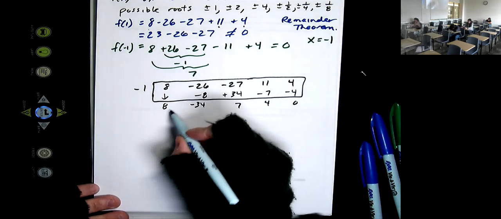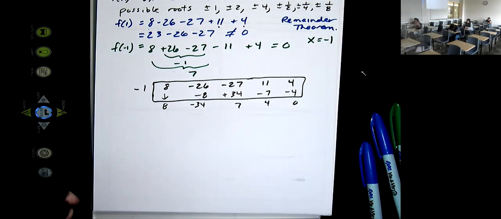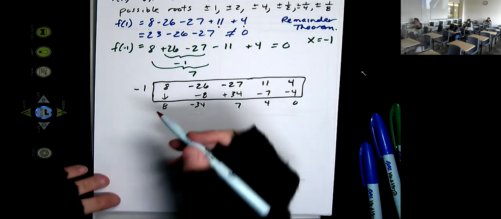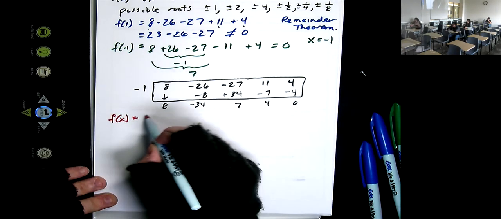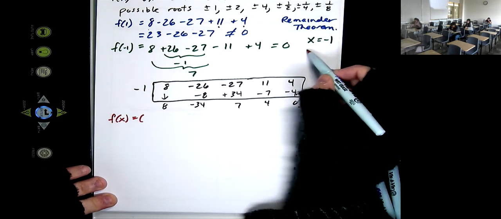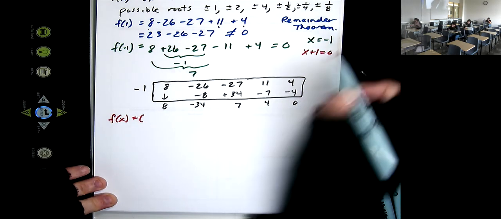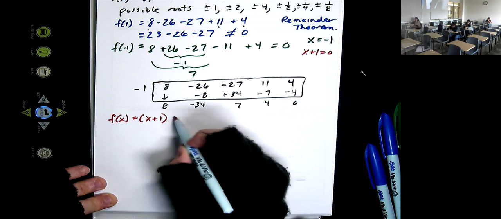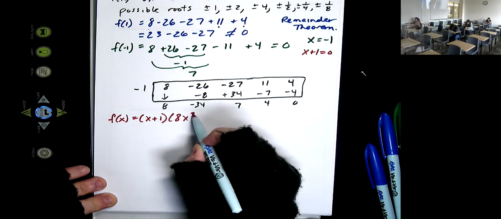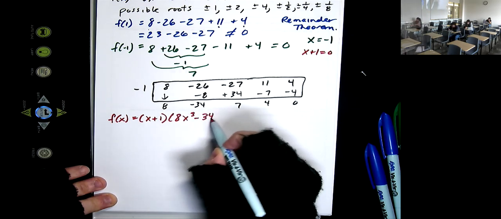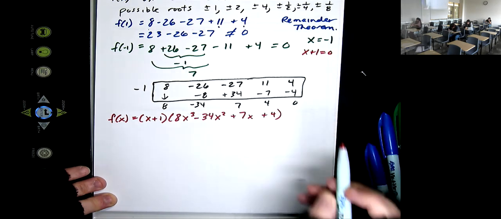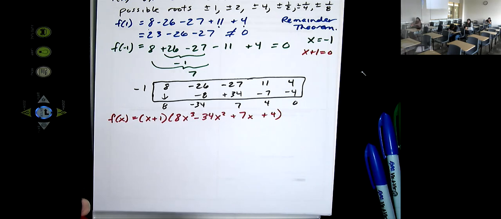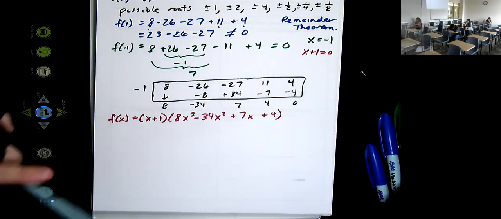So this is f of x equals, if I solve this, I get x plus 1 equals 0. And I write this as x plus 1 times 8x cubed minus 34x squared plus 7x plus 4. My p's and my q's are still the same. They're going to be the same all the way down to the end.